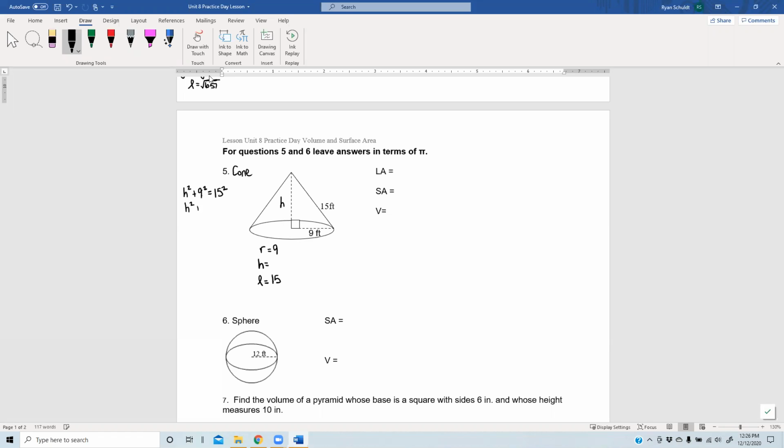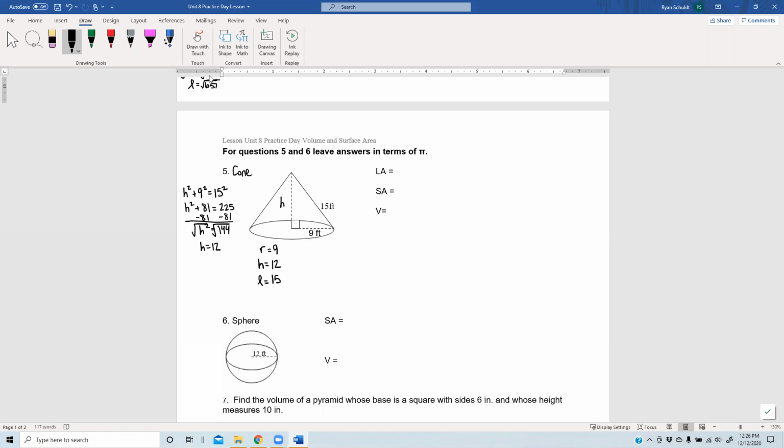So 9 squared is 81. 15 squared is 225. And then we need to subtract these. So you'll get 8 squared equals 144. Square root it, and you get that H is 12. There we go. H is 12. Hot diggity.